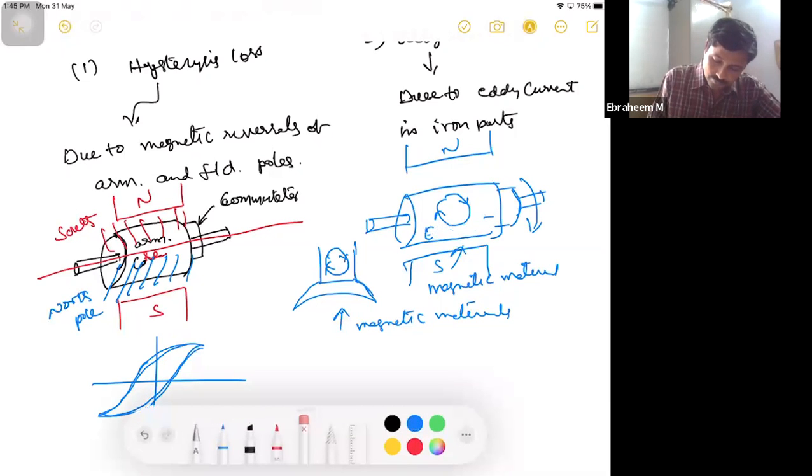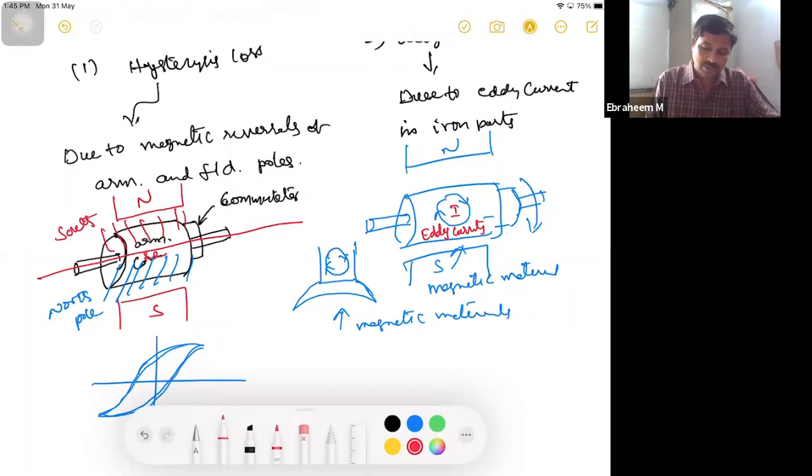So eddy currents will circulate in the magnetic field poles as well as the armature core.